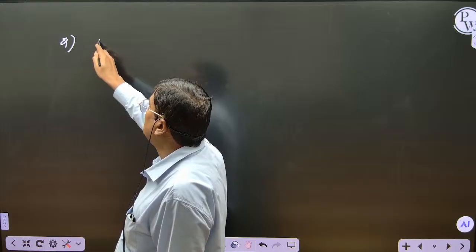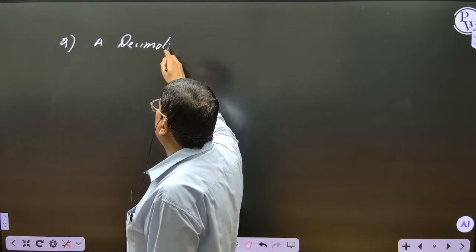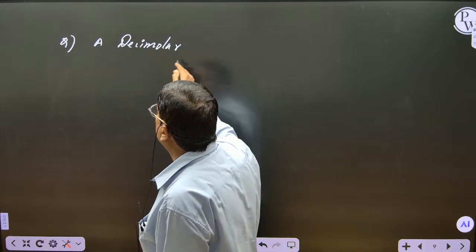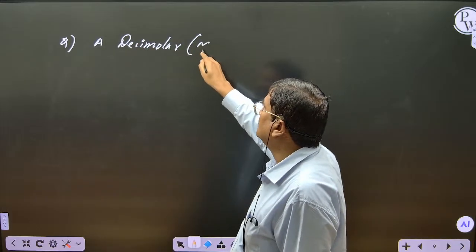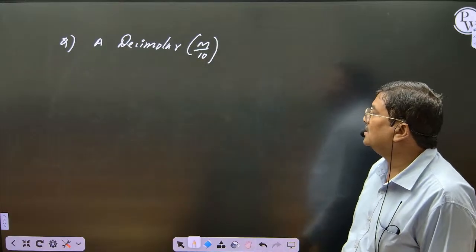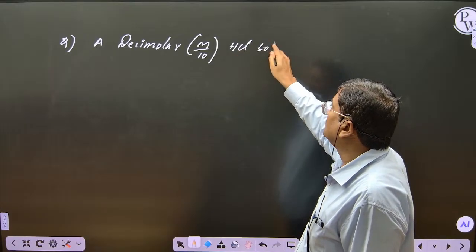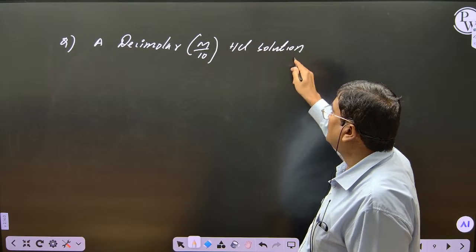A decimolar, deci is what? 1 by 10, no? Or sometimes in textbooks they show it like M by 10. A decimolar HCl solution. What is HCl?